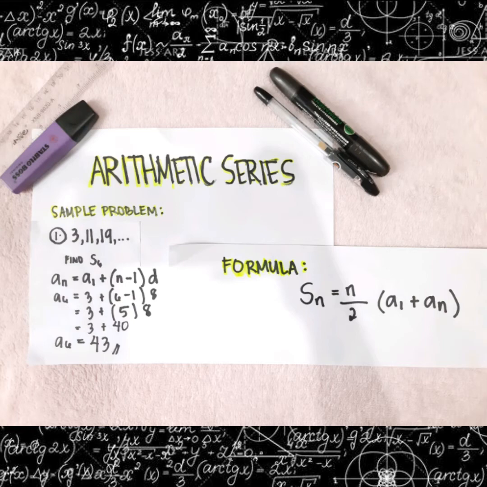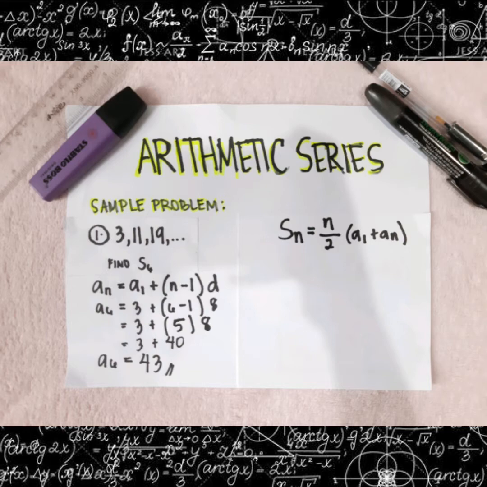It was stated there that we need to find the sum of the first 6 terms by using the formula S sub n is equal to n over 2 times a sub 1 plus a sub n. Plug in first the formula for arithmetic series.